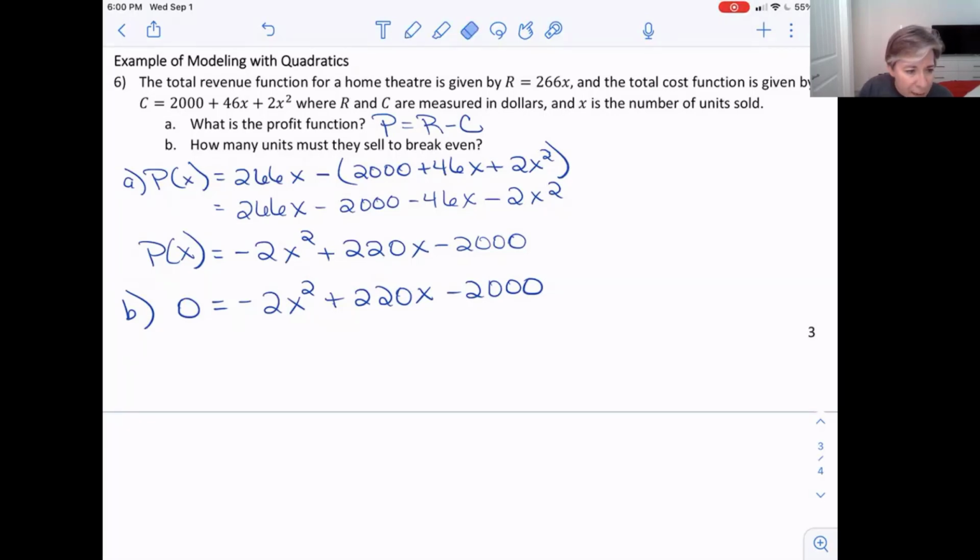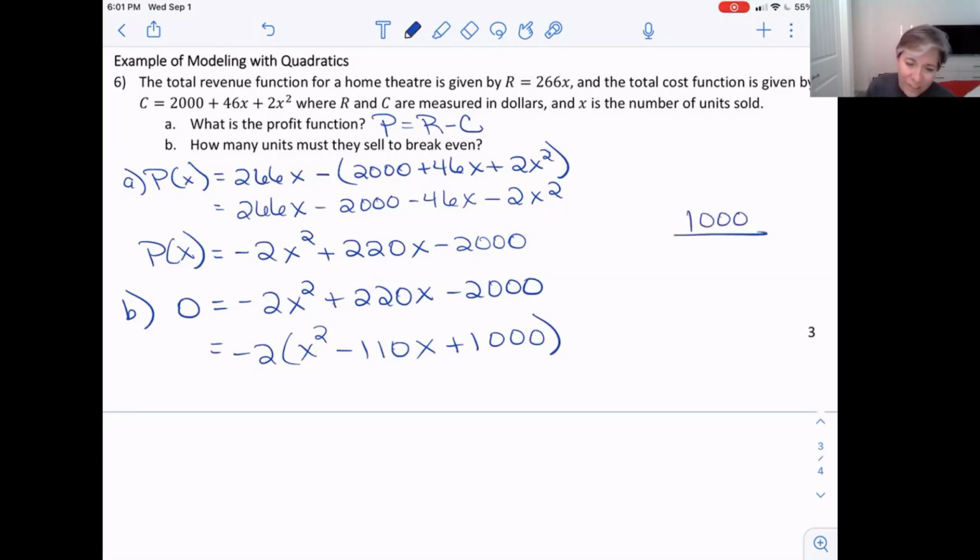I think this is factorable. I could be wrong, but let's try it. I'm going to factor out a GCF of -2. I want factors of 1,000 that add to -110. Well, if it multiplies to a positive but adds to a negative, they're probably both going to be negative. To save a little bit of time, it's going to be -100 times -10.